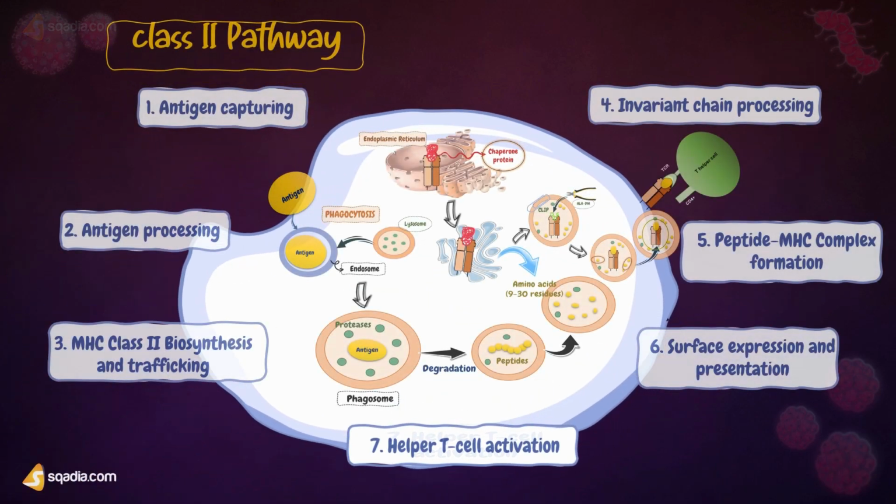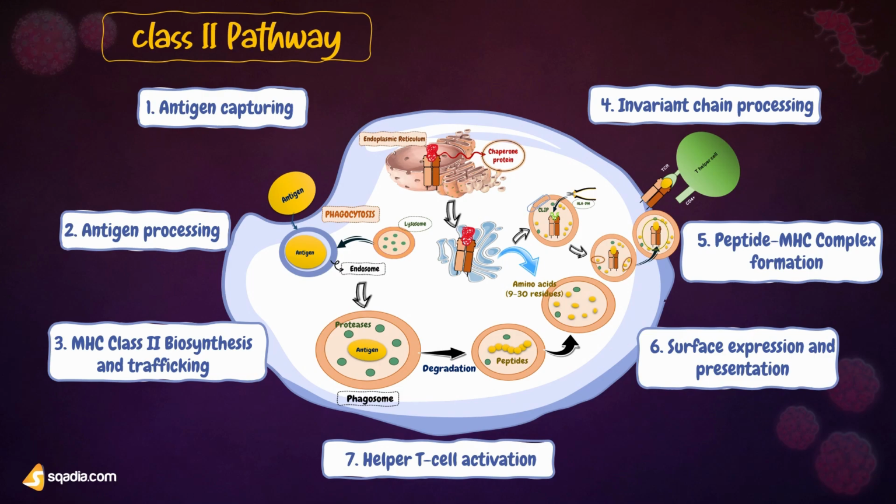So, when a helper T cell encounters an APC displaying a peptide on MHC Class II molecule at its surface, then the TCR of the helper T cell binds to the peptide MHC complex. And this interaction triggers signaling events within the helper T cell, leading to its activation and the initiation of immune responses.